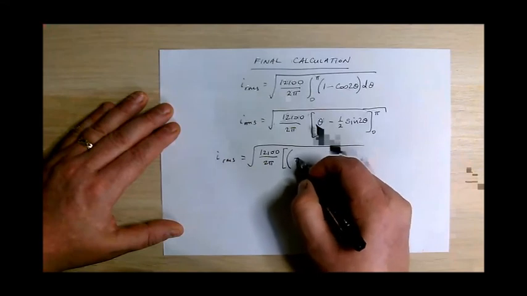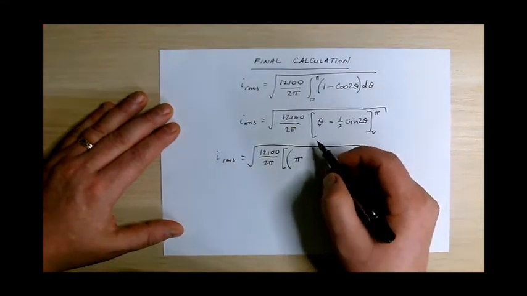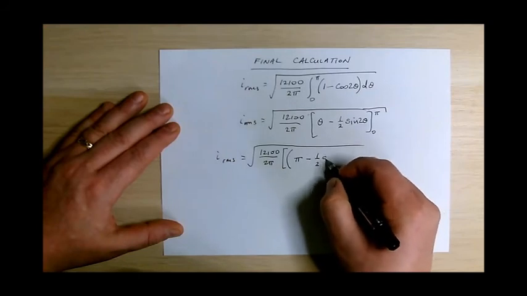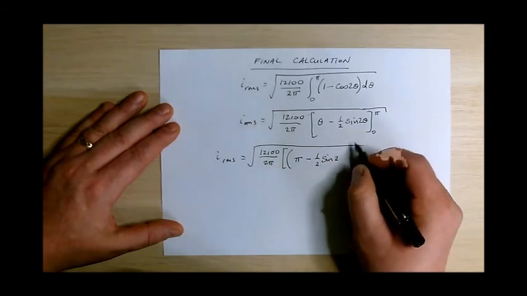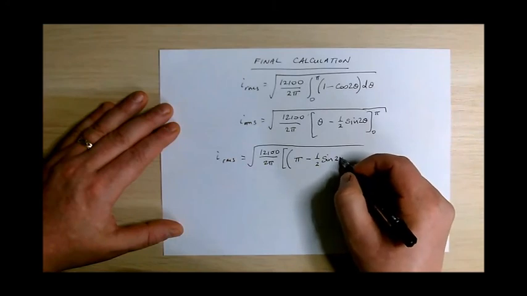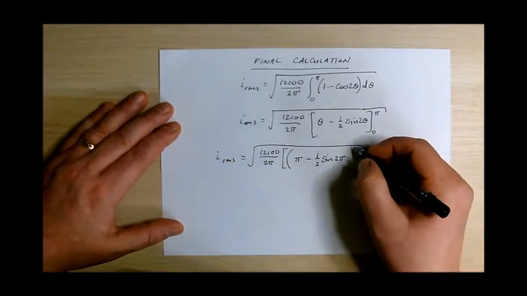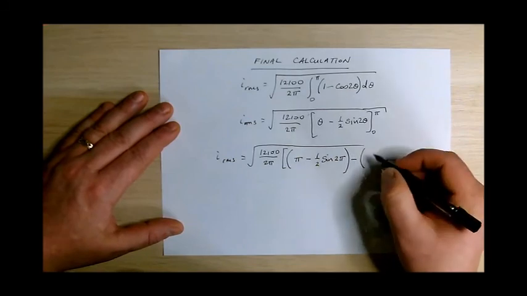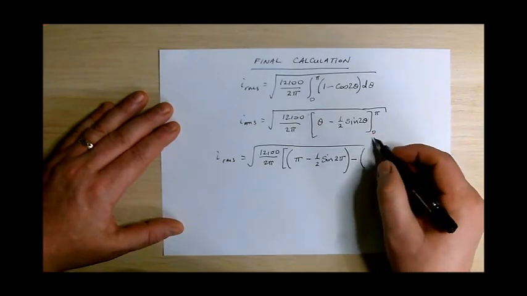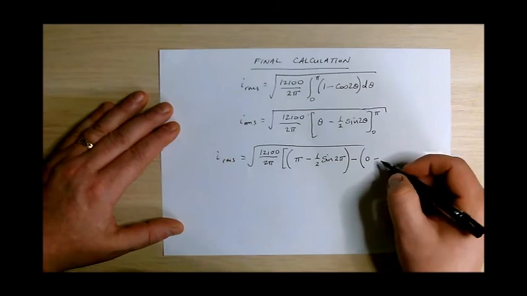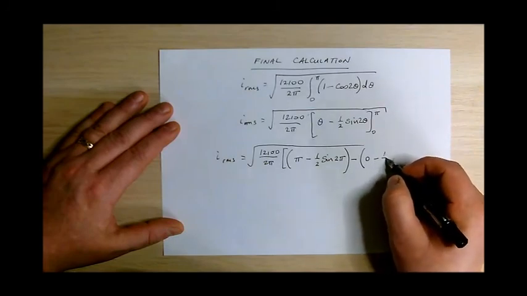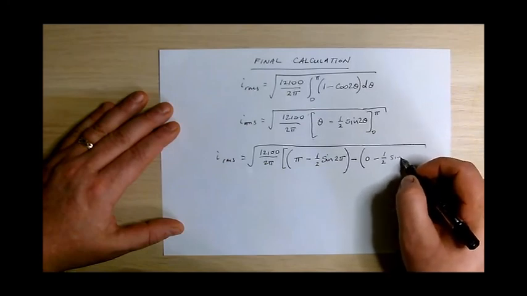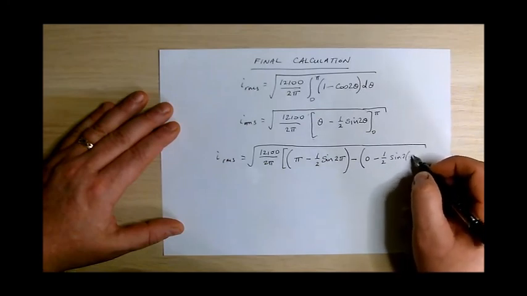Theta is equal to pi, minus 1/2 sine 2 times theta, which is pi, so it's sine 2 pi. Minus theta is equal to 0, take away 1/2 sine 2 times 0.